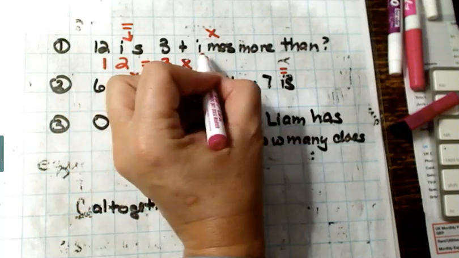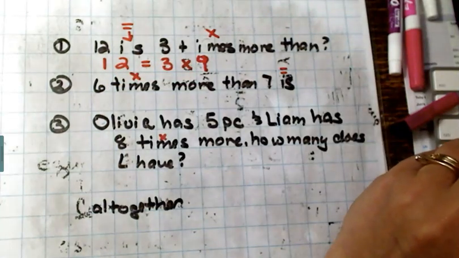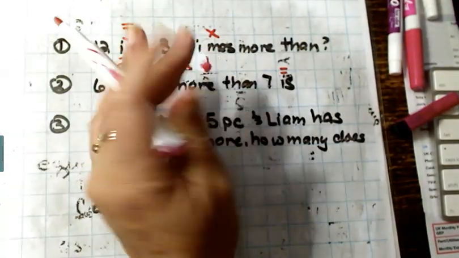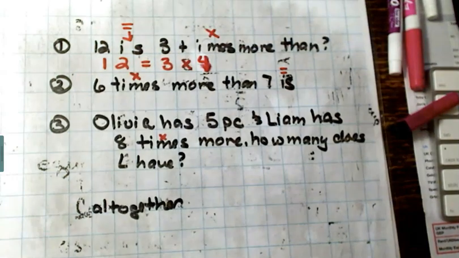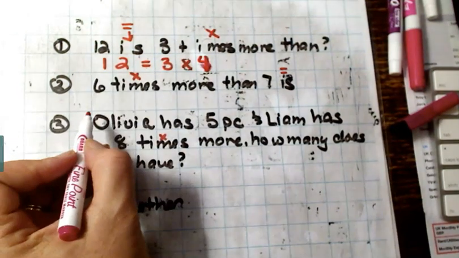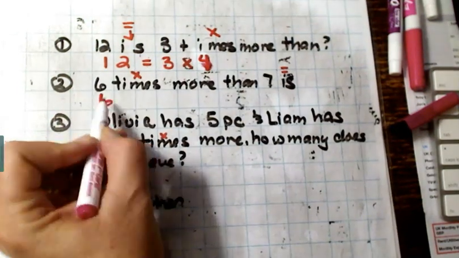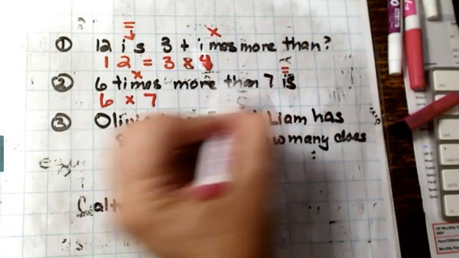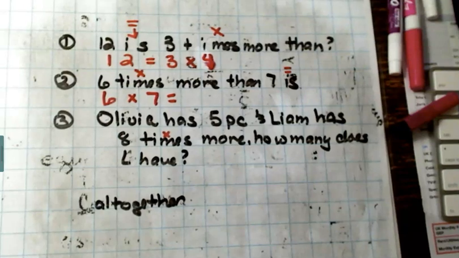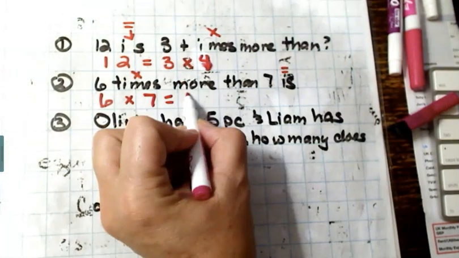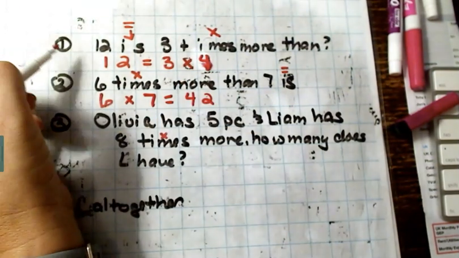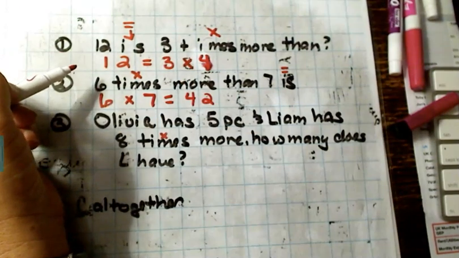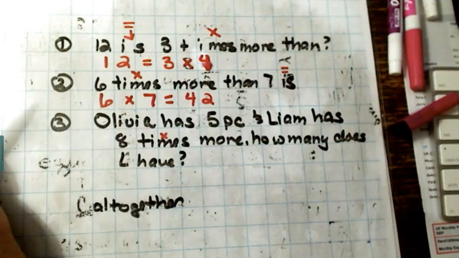Hopefully you realized it was 4. 4 groups of 3 is 12, all right? So here we go again. Build it. 6 times more than 7 is, well, what's 6 groups of 7? 42.